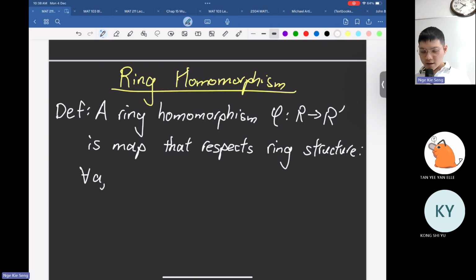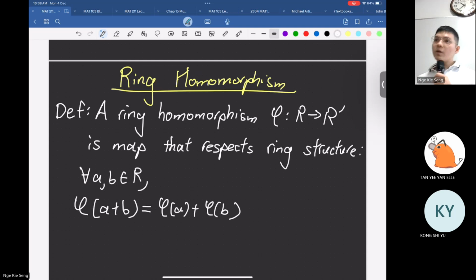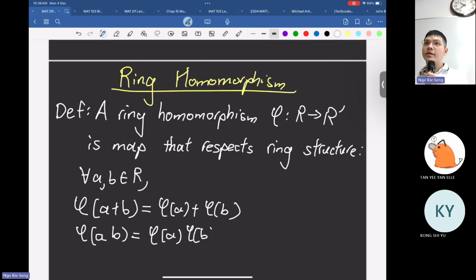So for all elements A, B in R, you need to make sure that phi(A + B) is equal to phi(A) + phi(B). This is really similar to group because a ring is a group, in particular an abelian group. And then phi(AB) has to be equal to phi(A) times phi(B).